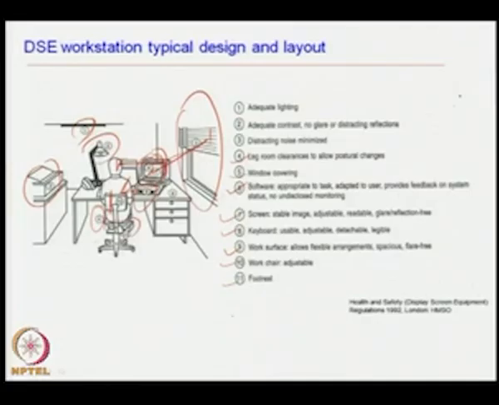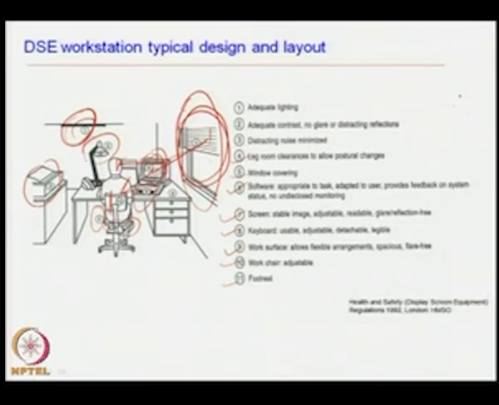Now, in this, two things from the visual point of view are important. One is that window, which may create some glare effect when we are working on the computer screen, otherwise it may be open to give a natural light source. Now, this lamp should be placed in such a way that it does not give any discomfort glare to the eyes.